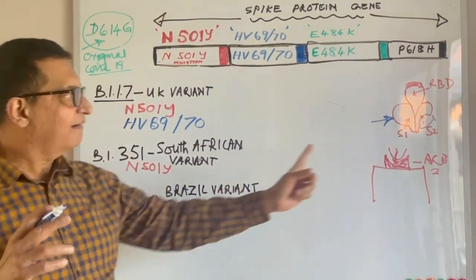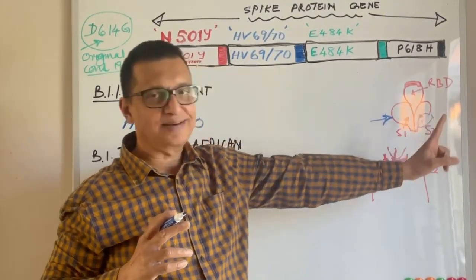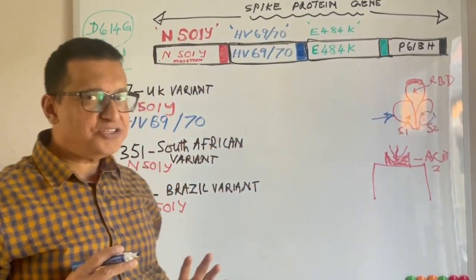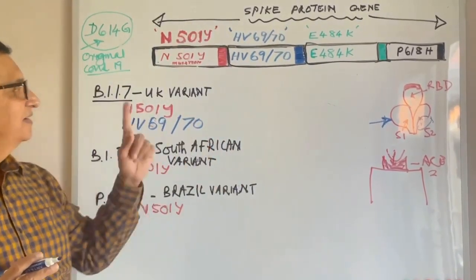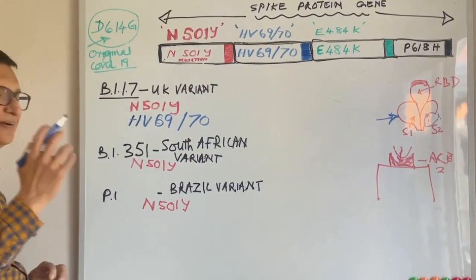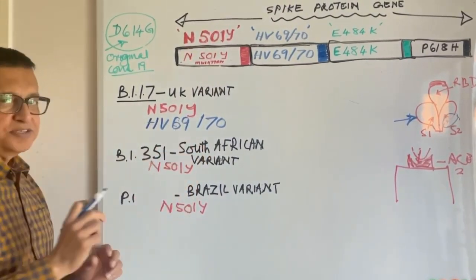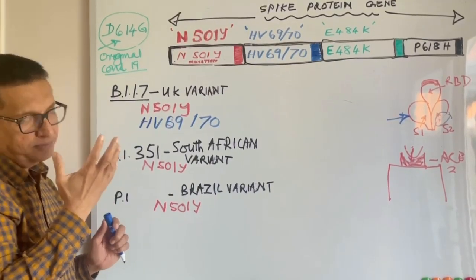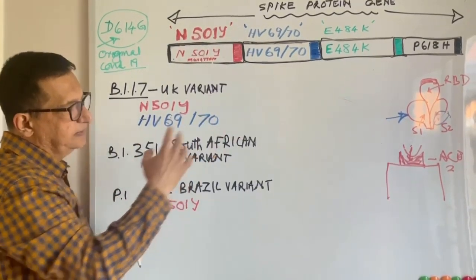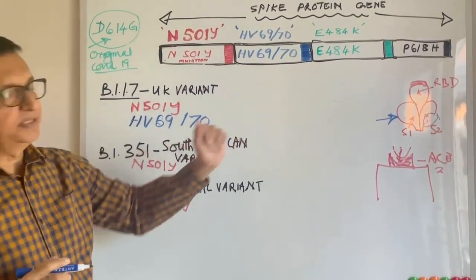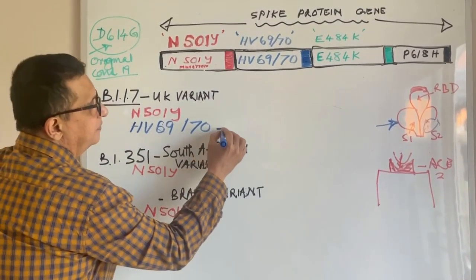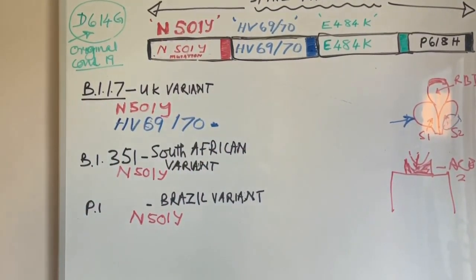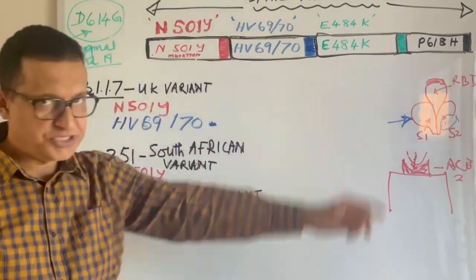And still, there are other places where the antibodies can get attached and the complete spike protein is not changed, but there is a change and it affects the function of the immune antibodies in the process of controlling this COVID-19. So this deletion is also a very important change in the genome and the spike protein gene.